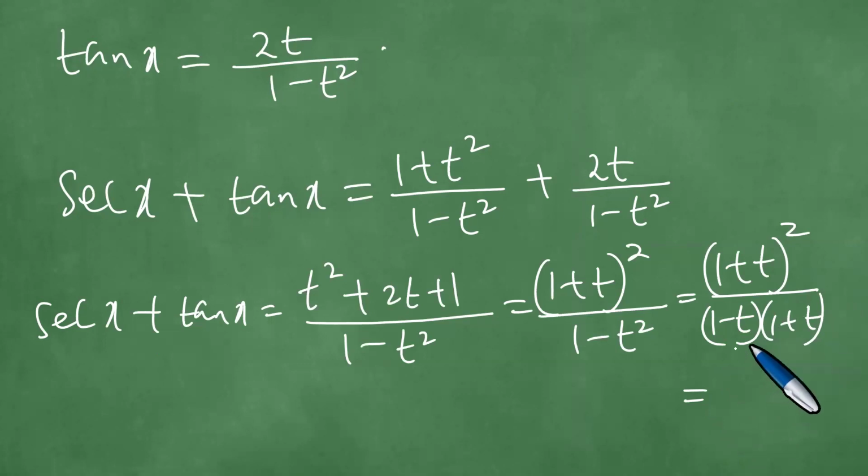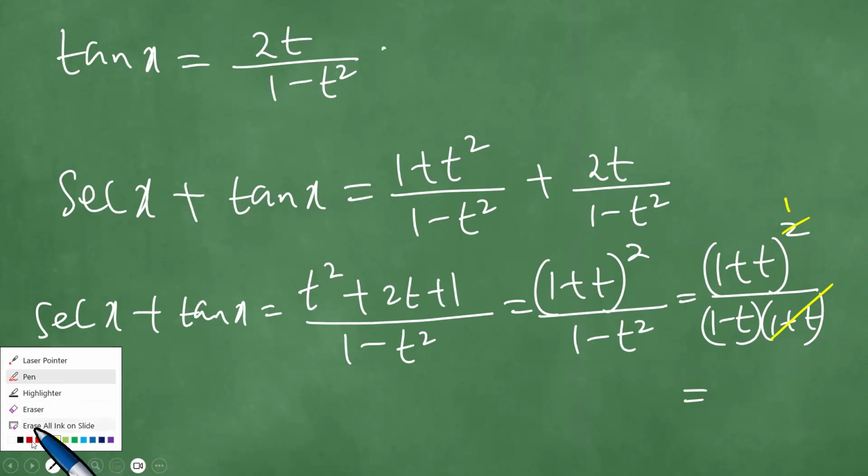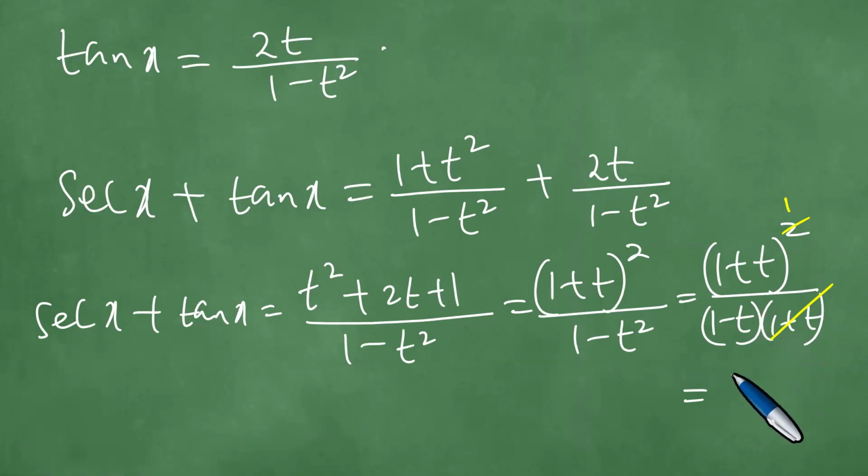Now you cancel out 1 plus t with one factor, leaving us with 1 plus t in the numerator. So we have 1 plus t divided by 1 minus t.